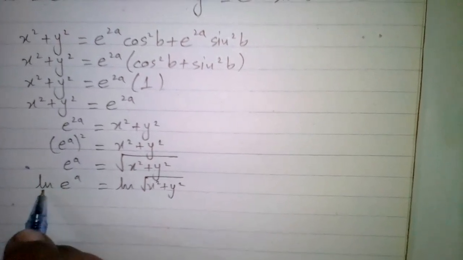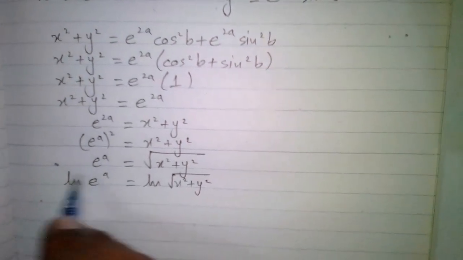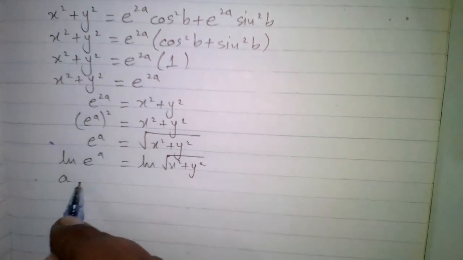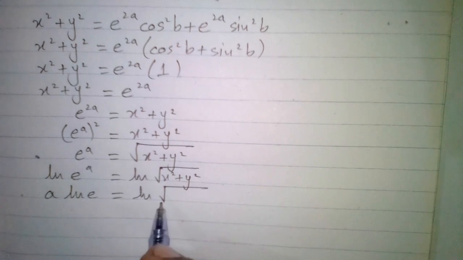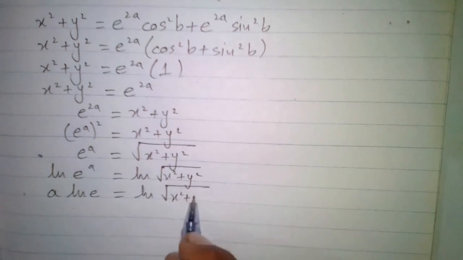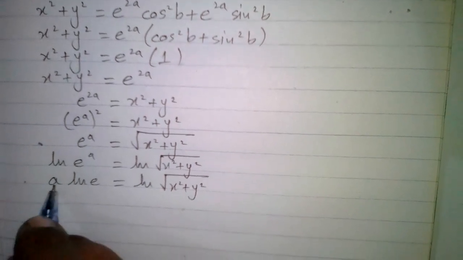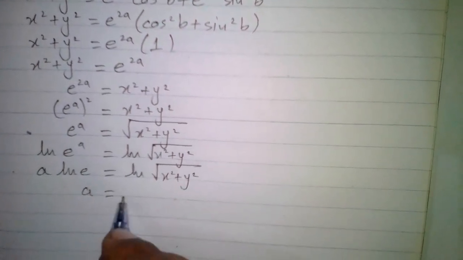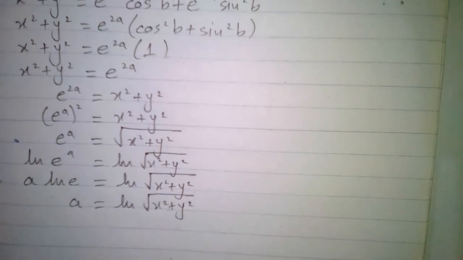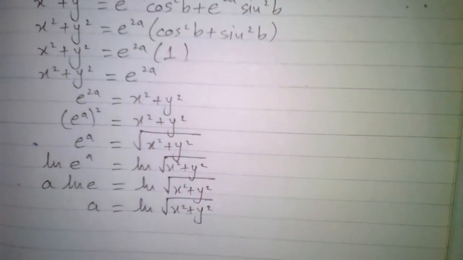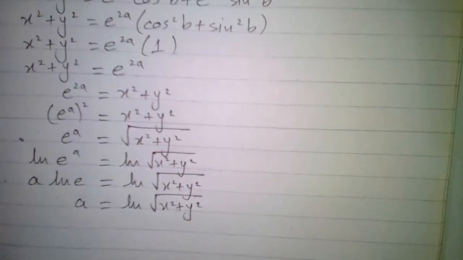By the property of a log, the power becomes the coefficient of the log, so we have a times ln of e is equal to ln of square root of x square plus y square. Now ln of e is equal to 1, so a is equal to ln of square root of x square plus y square. Now we have the value of a.